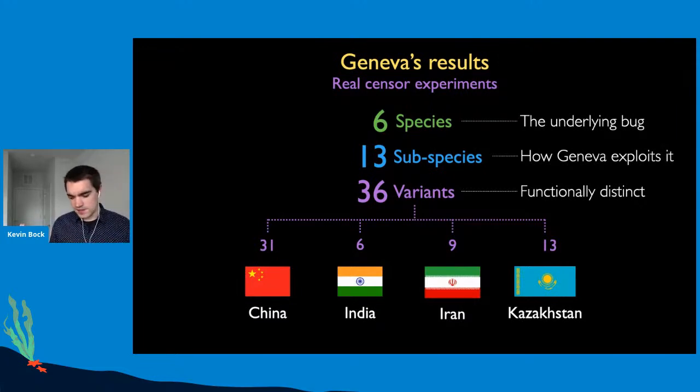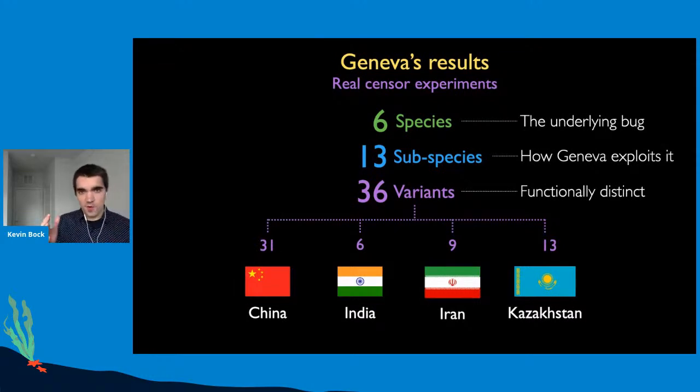So China's censorship system is significantly more complex than India's, at least from the vantage points we were able to test. And that complexity breeds a larger attack surface. So India has such a more simplistic censorship system that the attack surface was just smaller, and it wasn't as feature-rich or interesting attack space for Geneva to explore.